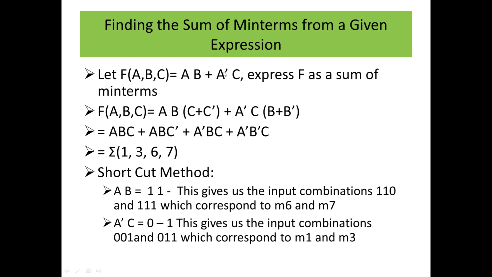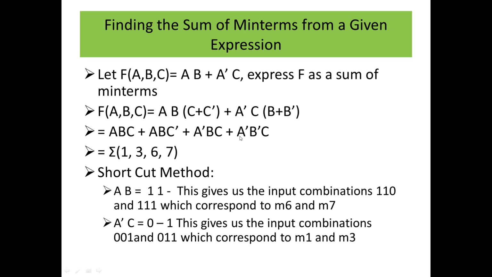This is a sum of product terms, not sum of min terms. So C is not there. Just write here C plus C bar plus A C. B is not there. Right here B plus B bar. So just multiply this: ABC plus ABC bar plus A bar BC plus A bar B bar C.